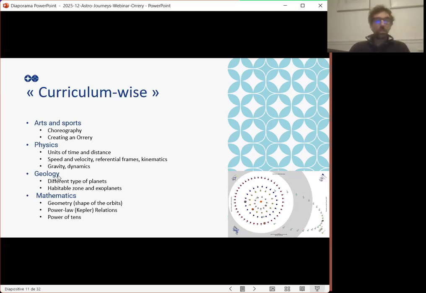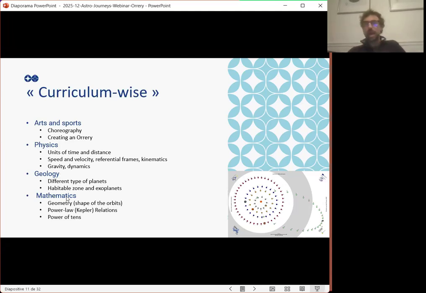There is also the context of geology, so different types of planets, the question of habitable zones, exoplanets. This is something that can be discussed and used as an interdisciplinary connection between physics and geology.